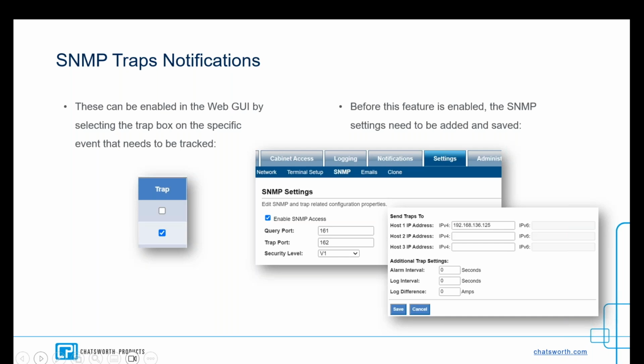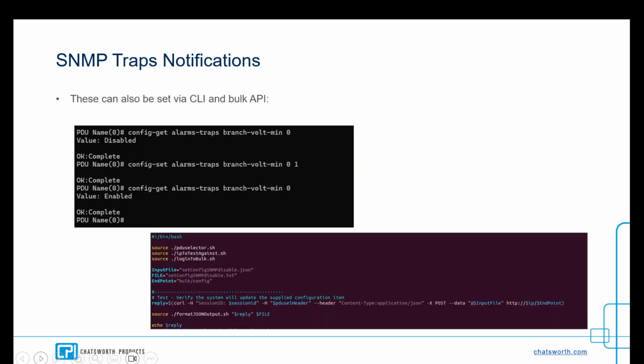Once these settings are added and saved, you will see the trap routing section available for enabling or disabling. Traps can also be set up through CLI and Bulk API, and if you're working with CLI, make sure to use the config get command to verify what the current trap status is for your PDU, and then use config set to change the value from disabled to enabled.